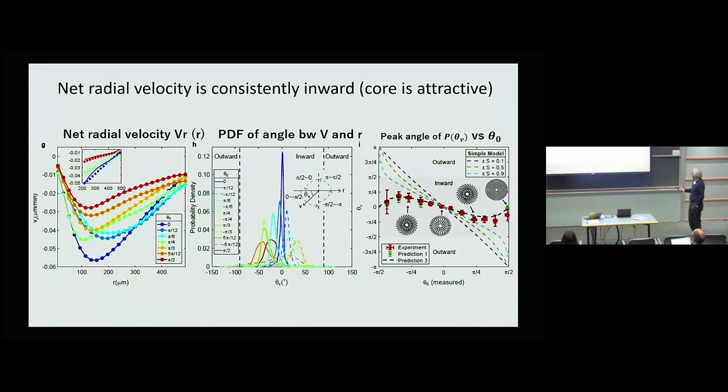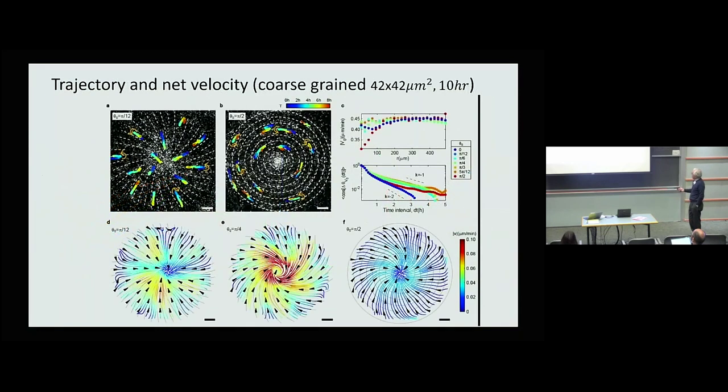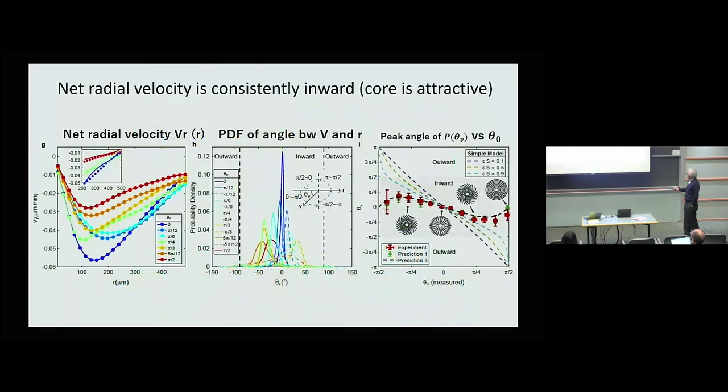This shows the angular distribution of the net velocity field. For each spiral or target pattern, there is a sharp peak, so we measured this peak position of the net velocity. The angle of the velocity field relative to the direction to the origin is plotted as a function of the tilt angle, theta 0.